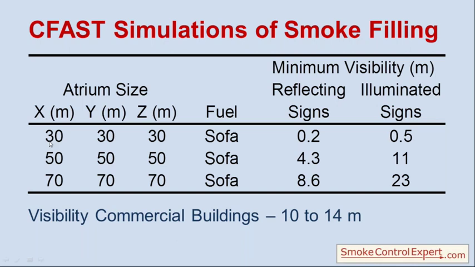Now I would have thought, before I ran this, that the 30 by 30 by 30 would have done better with the sofa fire. But the sofa fire is pretty nasty because of all of that polyurethane foam. And it turns out that it doesn't do well at all. If you had a different design fire, it might do much better. It would do much better, most likely. Now we look at the 50 meter cube, and we see this, the reflecting sign doesn't do that well.